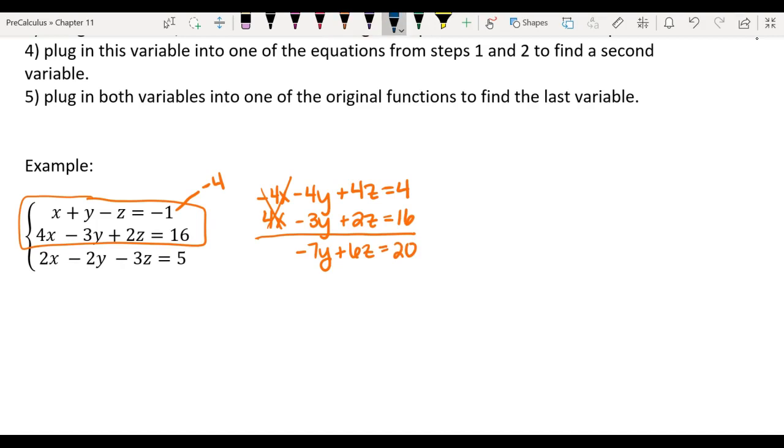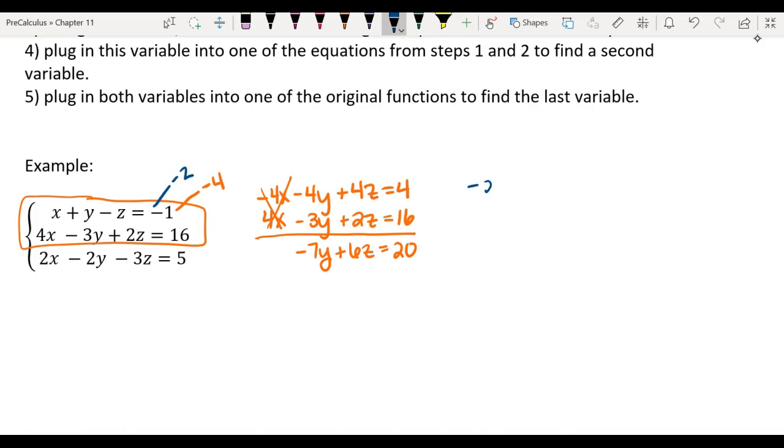Okay? Then you need to use your unused one and one of these to do elimination again on the same variable. I have to use this one for sure, but I'm going to choose this top one because it's the most simple. We have to eliminate our x's, so what do we have to multiply this top one by? Negative 2. So I'm going to multiply this top one by negative 2.